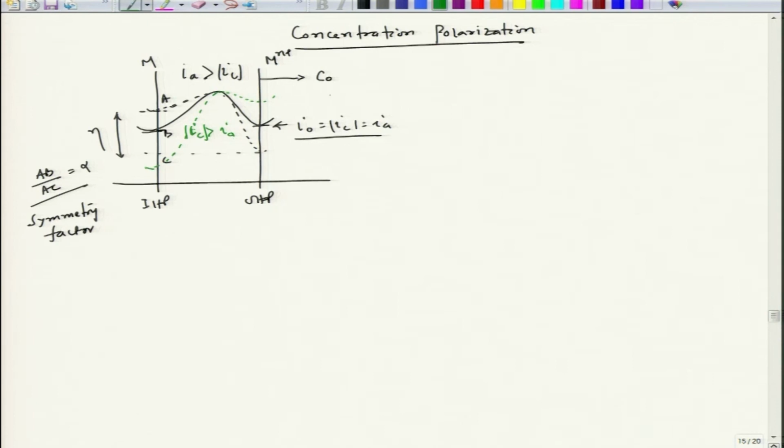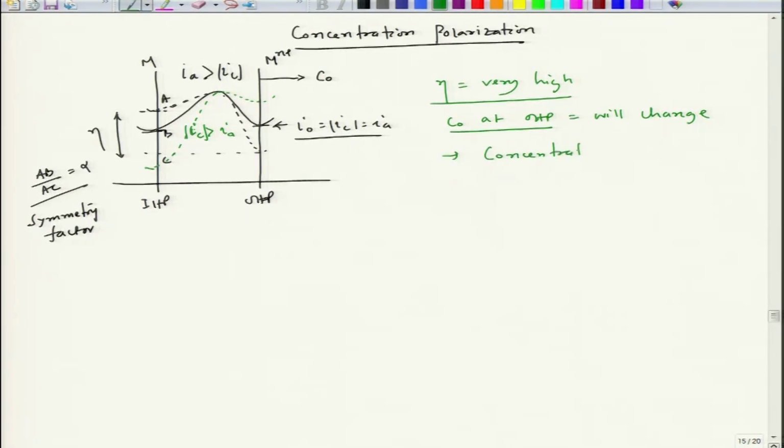So, if we go to a higher polarization, that means the overvoltage becomes very high, in those situations C0 at OHP will change, and that leads to another kind of polarization, which we call concentration polarization.